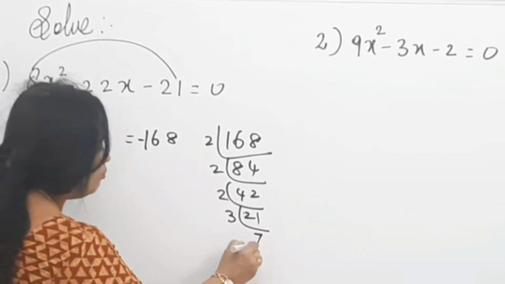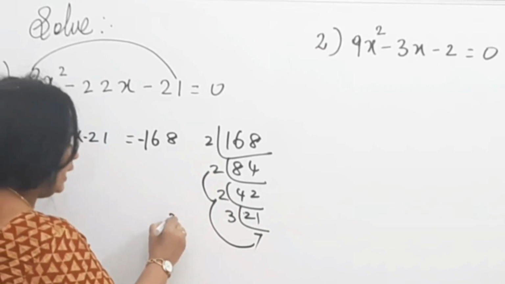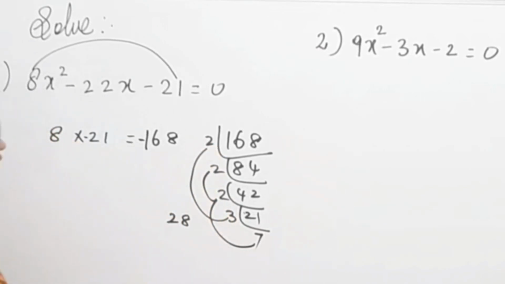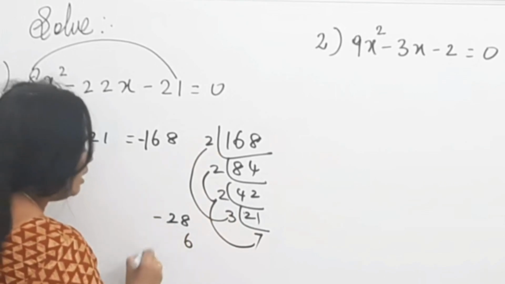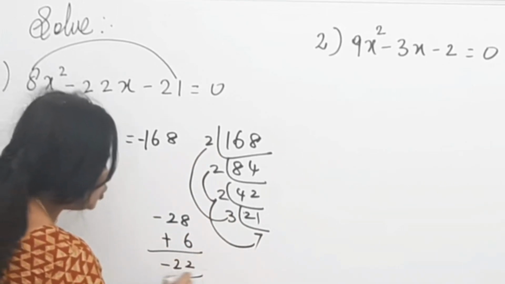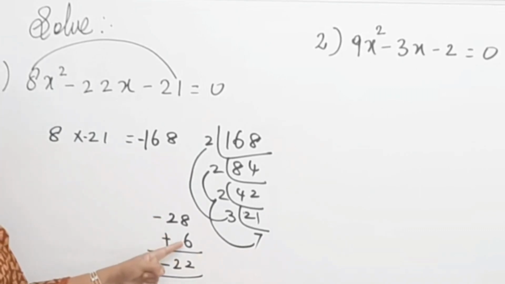I'm going to have my factors as 7 2s are 14, 14 2s are 28. Let me have my 28, and the left factors are 3 2s are 6. Now, you can see here minus 28 plus 6, you get minus 22. And when you multiply minus 28 and 6, you get minus 168.